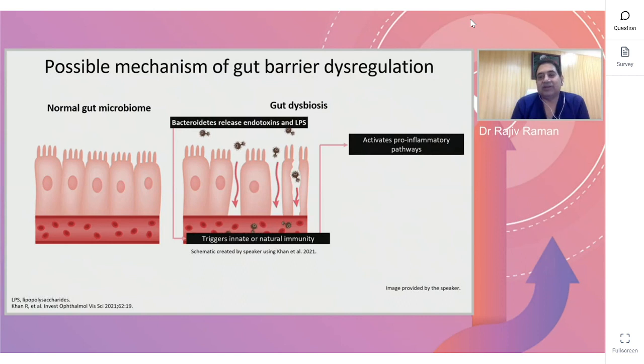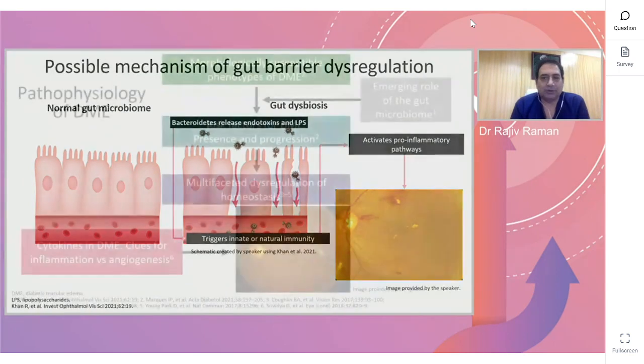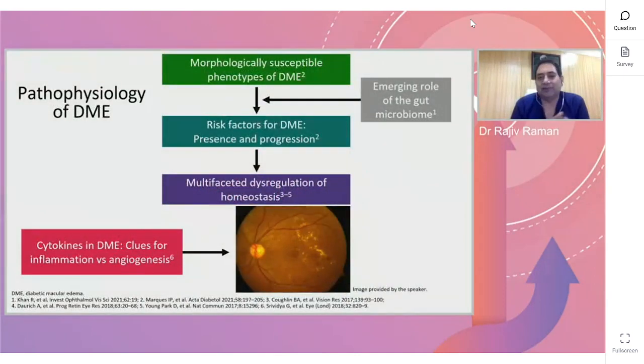There are inflammatory pathways which get activated, leading to diabetic macular edema. Again, one of the clues that probably inflammatory mediators are involved, and this is one of the mechanisms which over the years we'll be knowing more about, this gut microbiome and its role in diabetic macular edema.